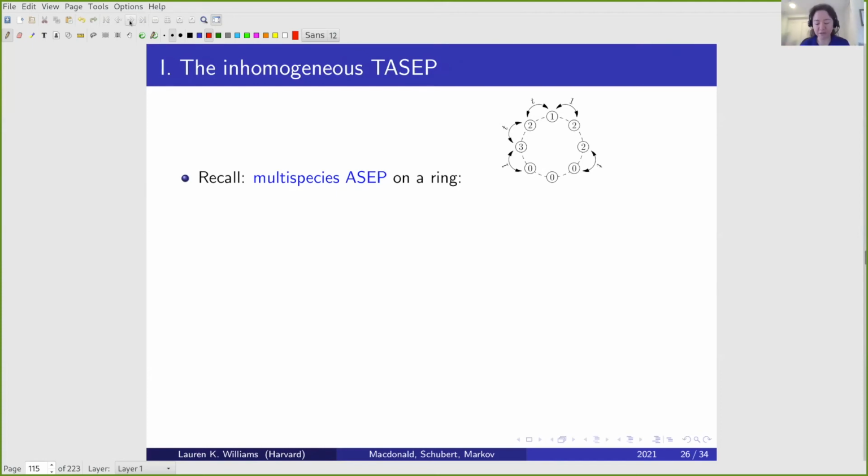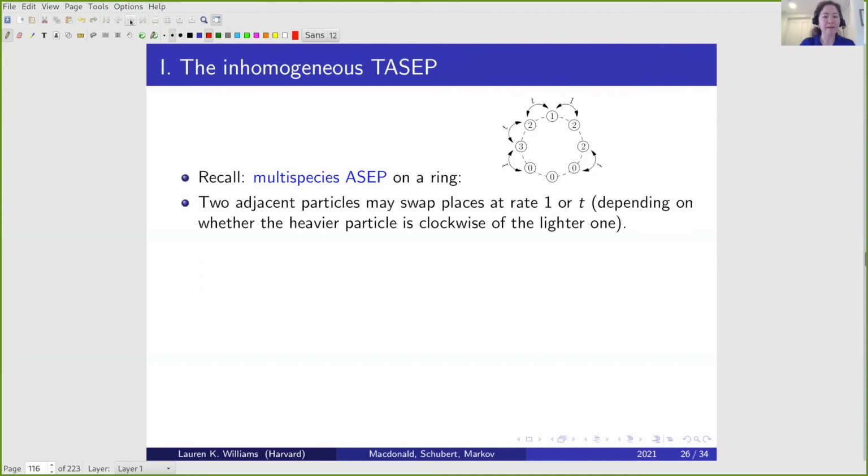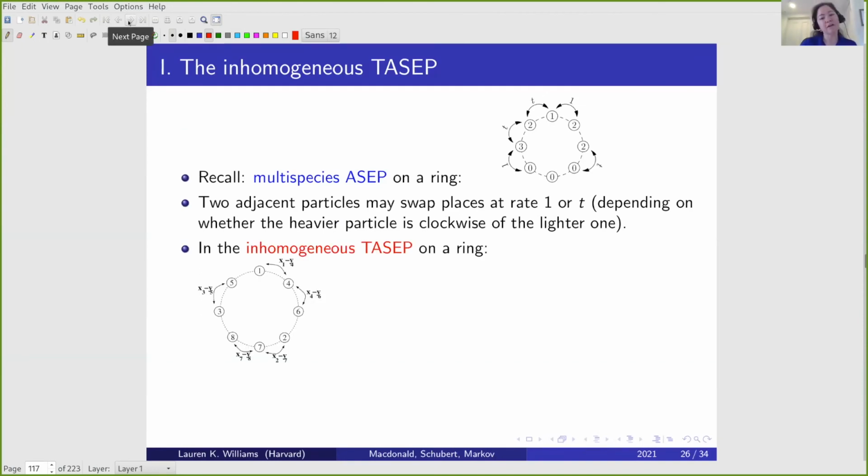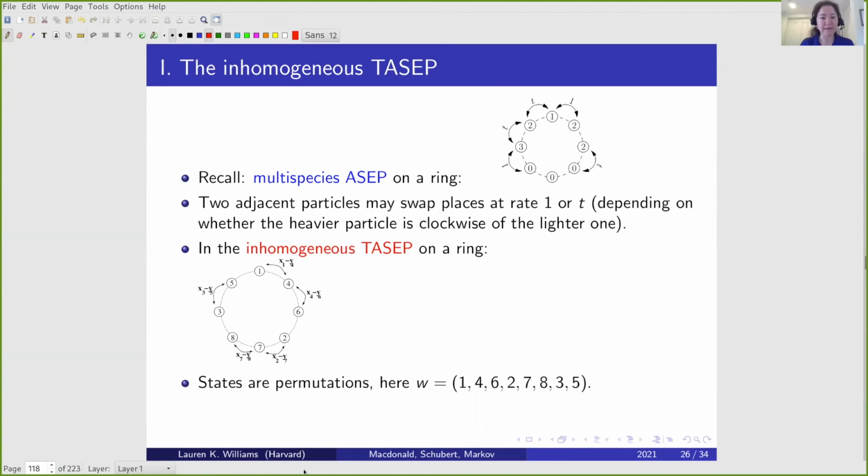Okay, so I just want to be really clear on how I'm changing the setup from what I talked about before. So remember, the multi-species ASEP on a ring was this setup where two particles swap places at rate t or 1, just based on who's heavier than who. And instead, in the homogeneous ASEP on a ring, our hopping rate depends exactly on the weights of the particles.